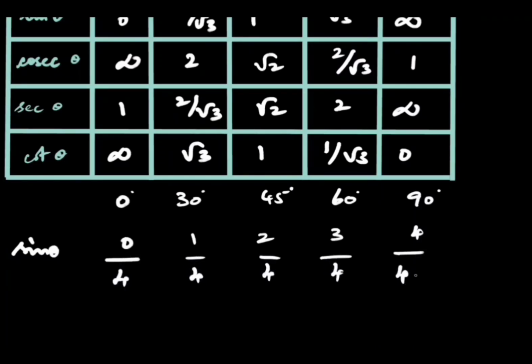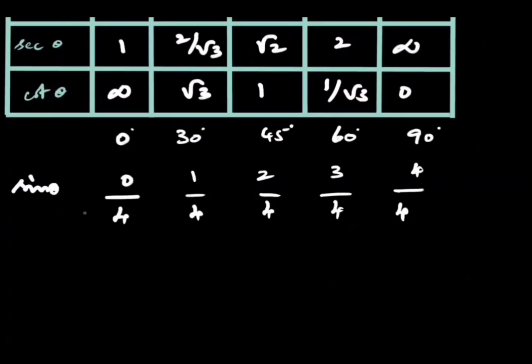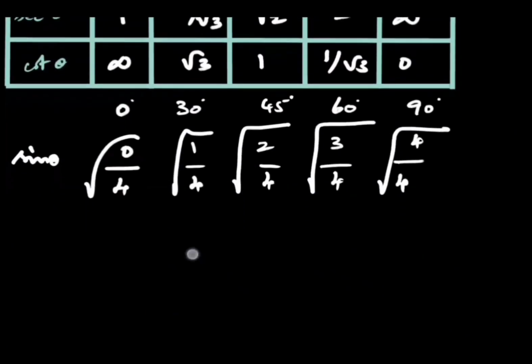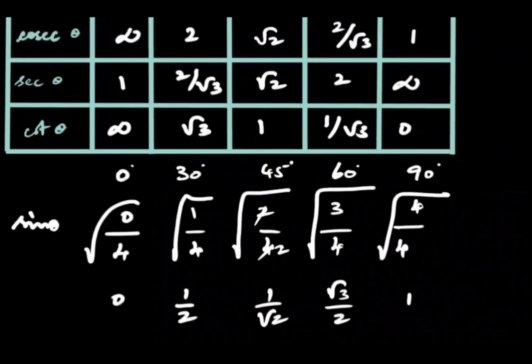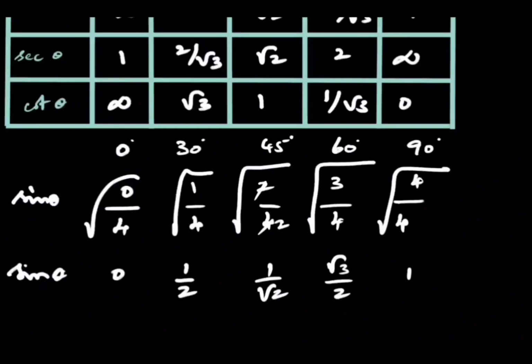Take square root in all of them. 0 by 4 is 0 and square root of 0 is 0. 1 by 4, square root is 1 by 2. 2 by 4 is 1 by 2, so 1 by root 2. This is root 3 by 2 and this is 1. So we'll get to know that this matches with our sine table. This is an easier method. It can be used as a memorizing tool.